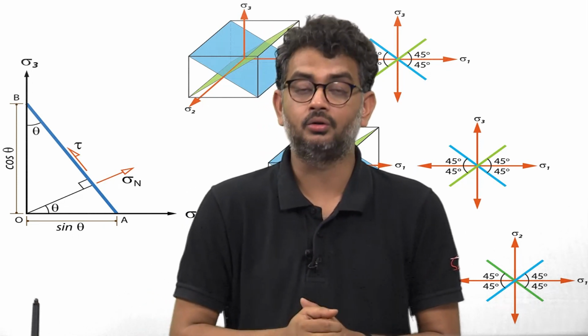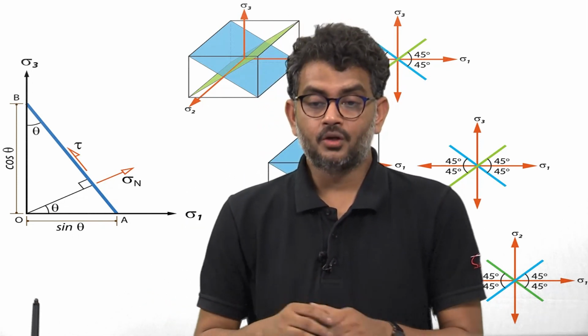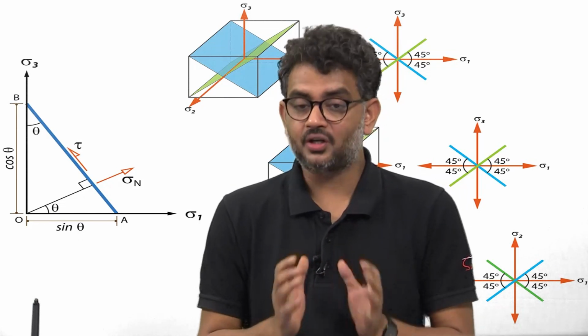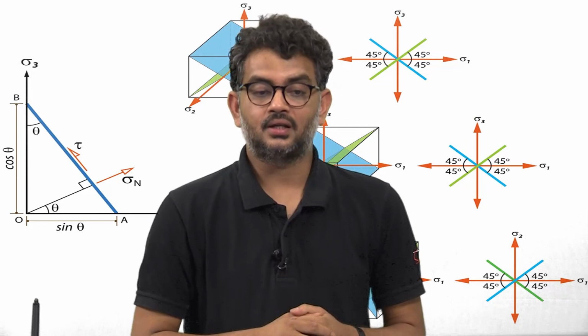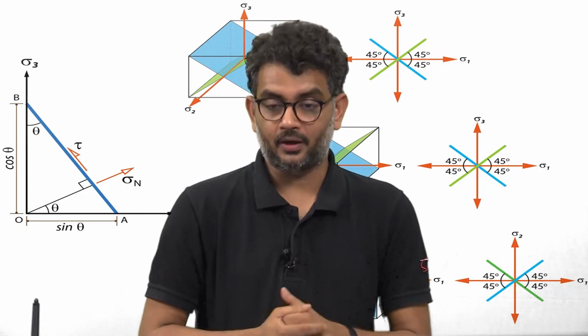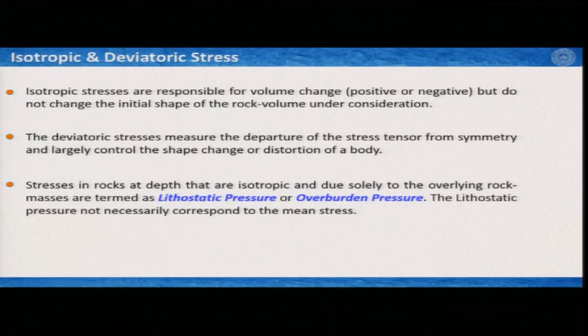Of course, I cannot go to 600 kilometers. So, this pressure due to the overlying rock mass is known as lithostatic pressure or overburden pressure, and it is important to understand that lithostatic pressures do not necessarily correspond to the mean stress.